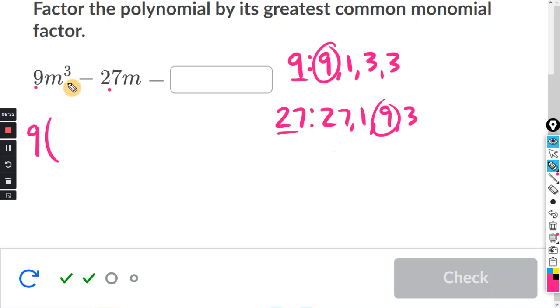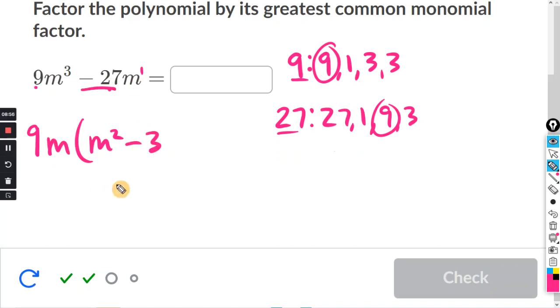And the smallest exponent on the variable, this is m to the 3rd, this is m to the 1st. All right, so m to the 1st, or just m, is the smallest exponent. 9 divided by 9 is 1. M to the 3rd divided by m is m squared. Negative 27 divided by 9 is negative 3.